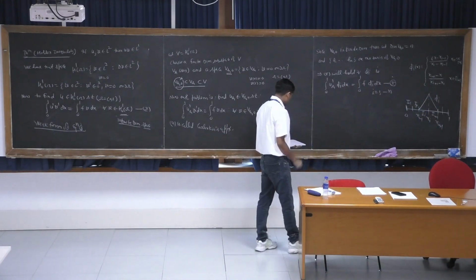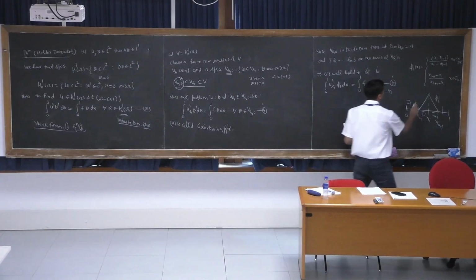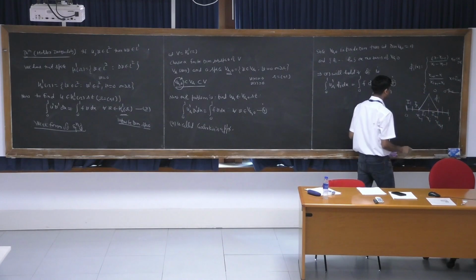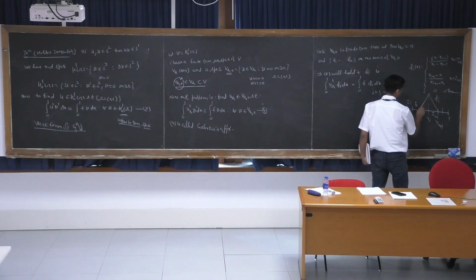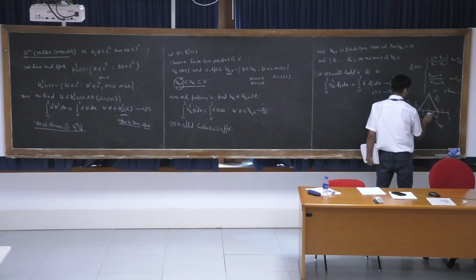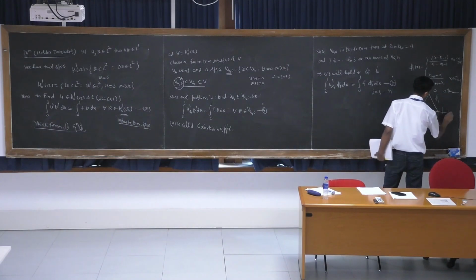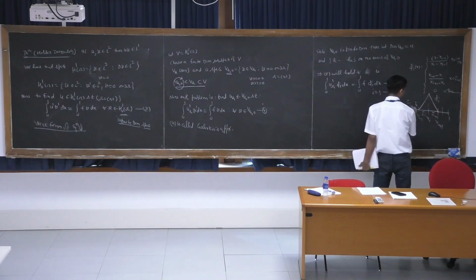So these are the hat functions, and 0 otherwise. You can see that these functions are non-zero over this interval only. Similarly, you can define phi i minus 1 like this.